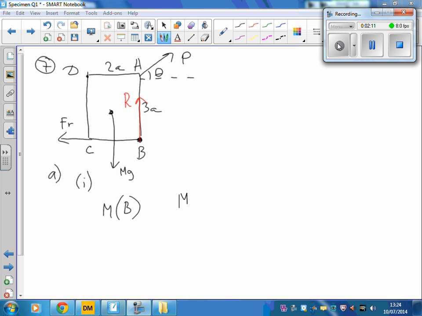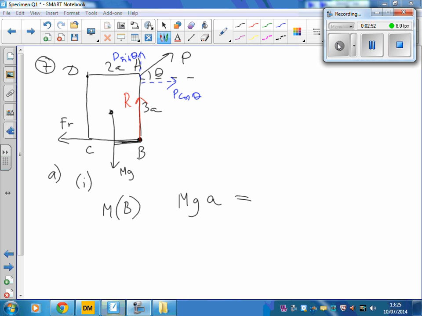Let's write down the moment of the weight. It will be mg multiplied by a. So that's the perpendicular distance from B to the line of action of the weight. Now, in order to work out the moment provided by force P, let's split this force into a horizontal component, which is P cos theta, and a vertical component, which is P sine theta.